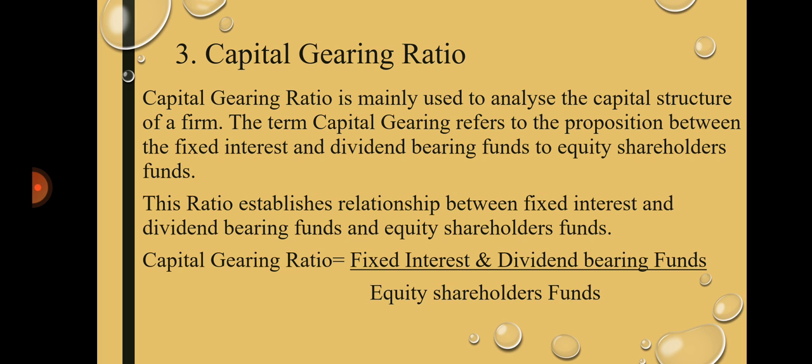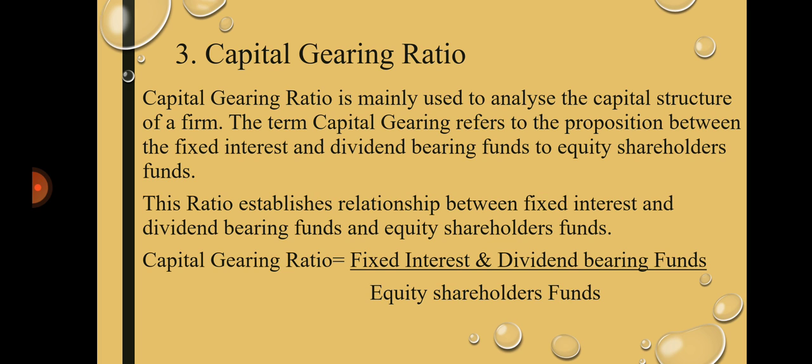This ratio establishes relationship between fixed interest and dividend bearing funds or securities and equity shareholders funds. The formula of capital gearing ratio is equal to fixed interest and dividend bearing funds divided by equity shareholders funds.